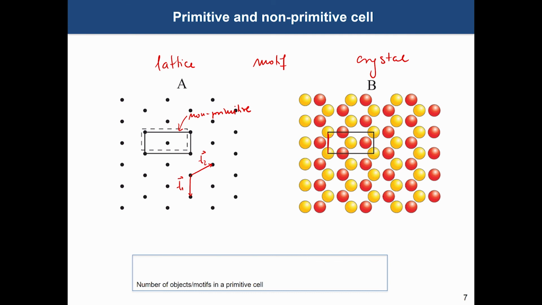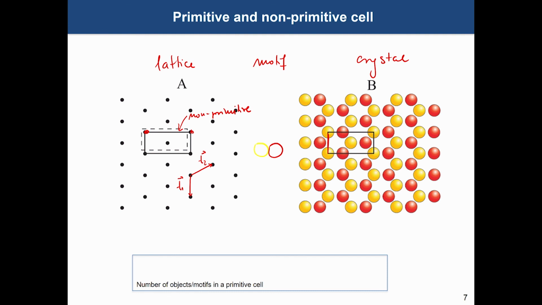Again, to emphasize that the lattice itself can be populated with non-trivial objects. They don't necessarily have to be atoms. So in this particular case, it will be a yellow ball and a red ball. Right? So in each point of this lattice, I'm populating this with these two objects together, and this is my motif.